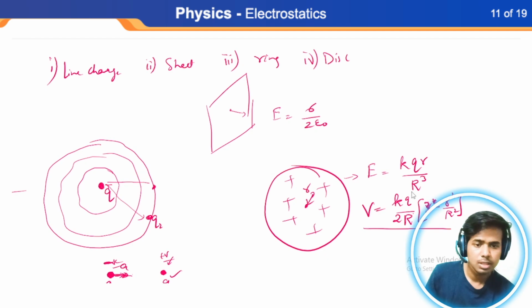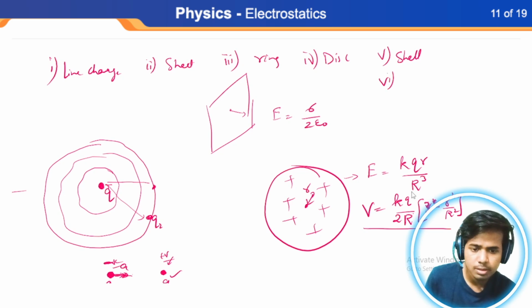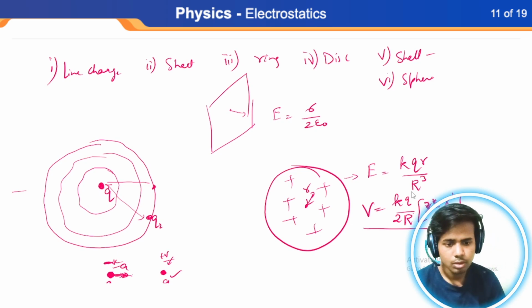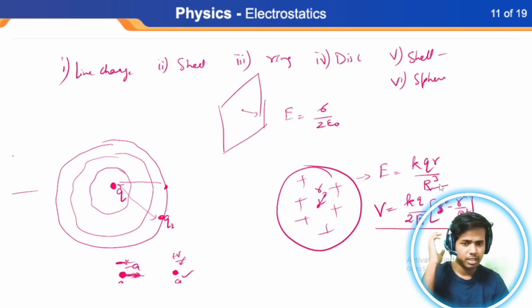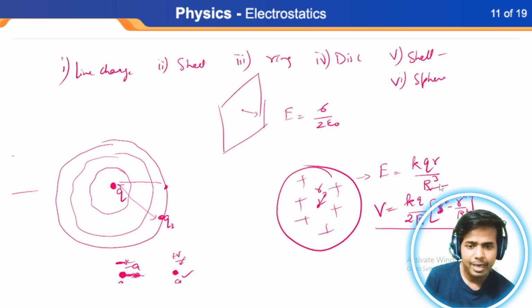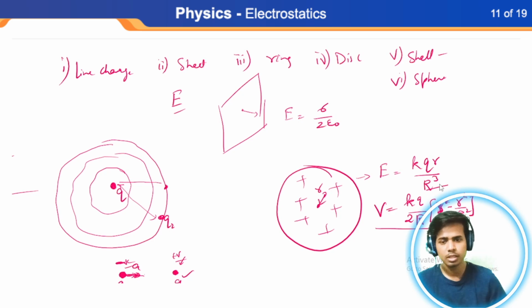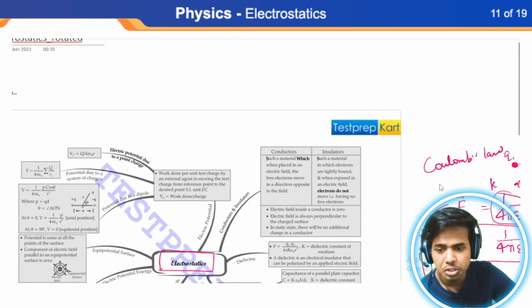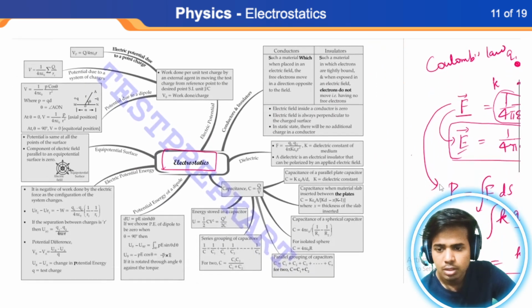All these are charges. Fifth, shell, and sixth, sphere. Of course, it is a spherical shell. Okay, so I hope you find them all and remember at least the electric field. If you are able to remember the potential as well, well and good. So that was electric potential.